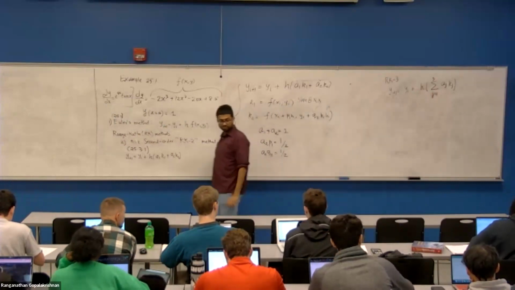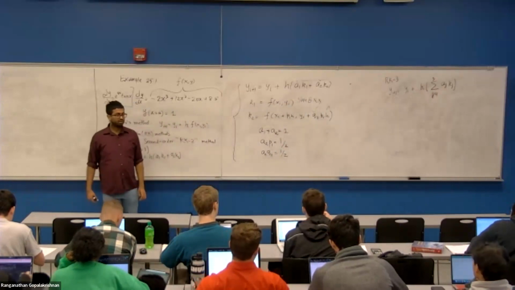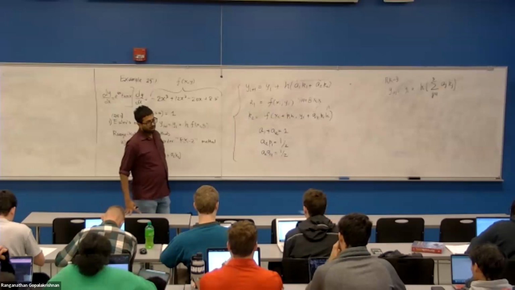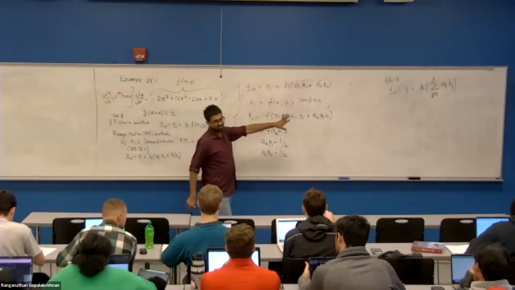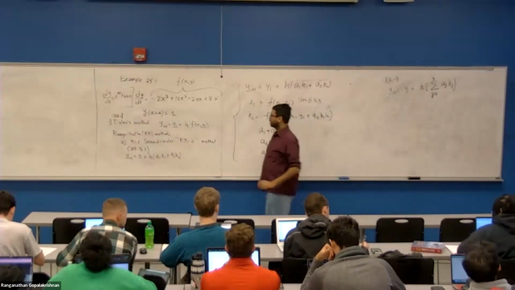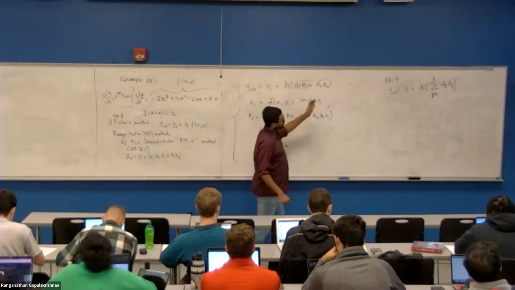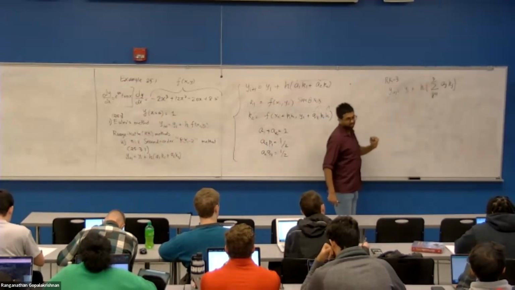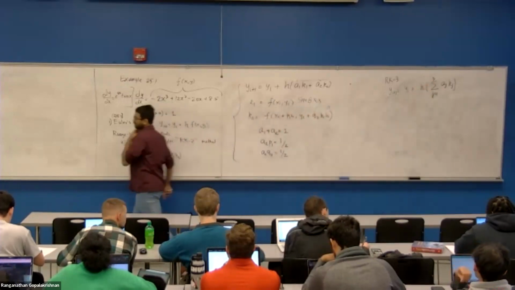Say it again. So is that 3 a constant for this RK3 method? Yes, for RK4, it will become 4. In fact, you can generalize all of the methods as j equals 1 to n, where n is the order. All right. So what are a_j and k_j?